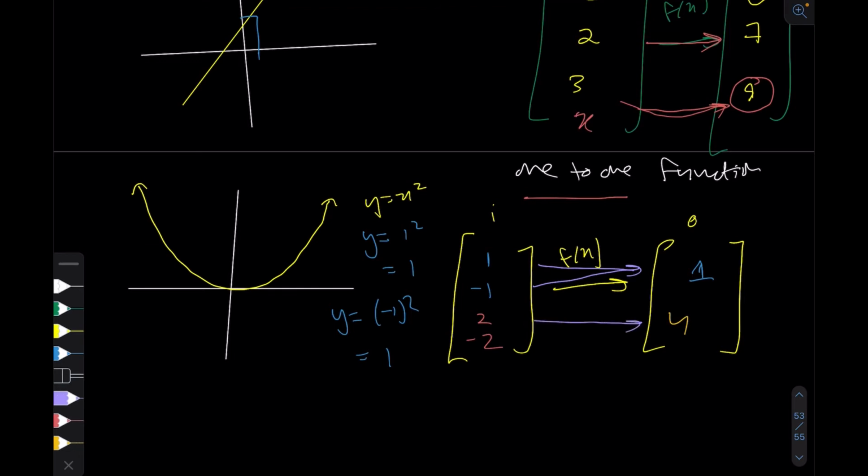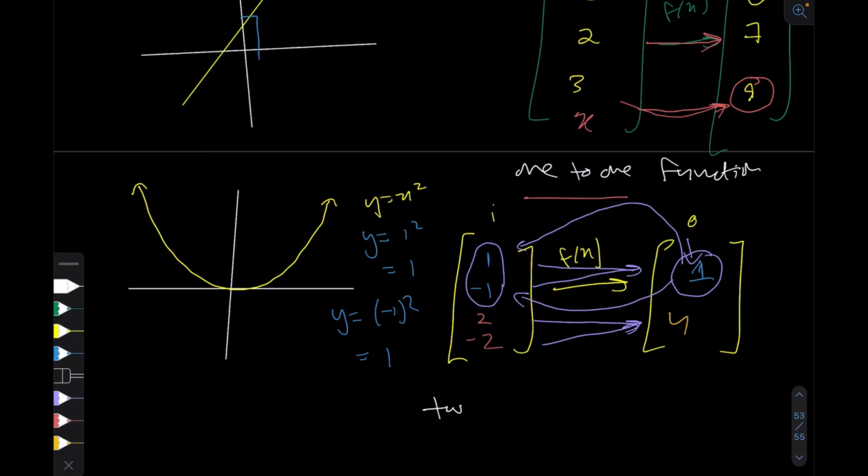So here you see that to a single output, there are two arrows pointing to it. Or in a more meaningful way, for one output, there are two inputs. You can input two separate values and it would give you the same output. And when you have such a condition, we call this a two-to-one function.